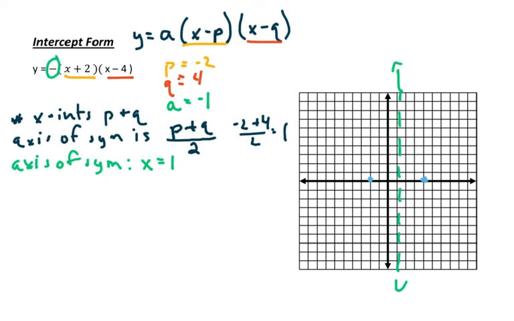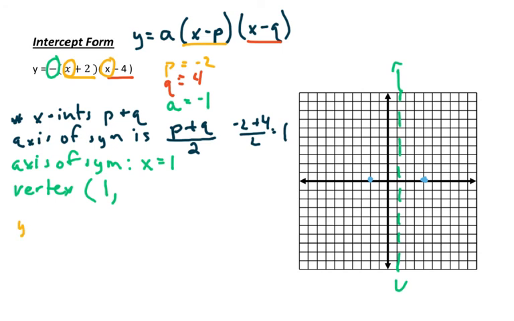All right, well, if we know that, let's try to find this vertex. I already know that it's 1 over 1. Let's go ahead and label vertex. I already know that the axis of symmetry is at 1, so I know it's got to be 1 something. And remember, if I know that x is 1, I can come right up here to the equation and put 1 in there, and then just simply figure out what y is.